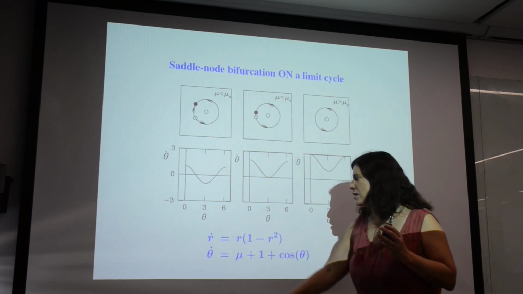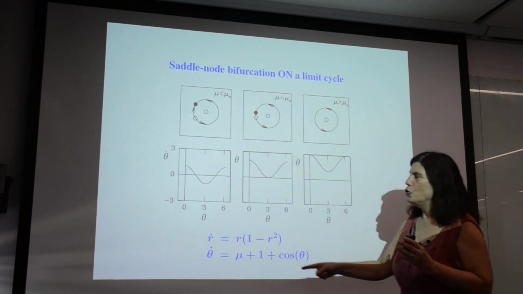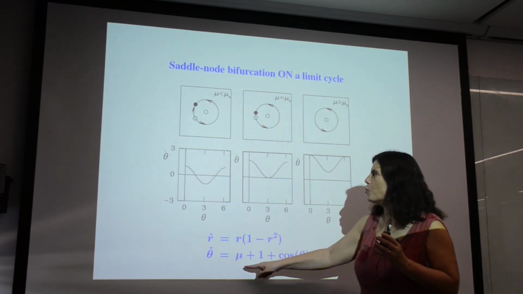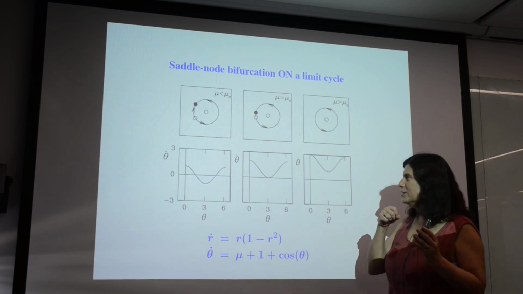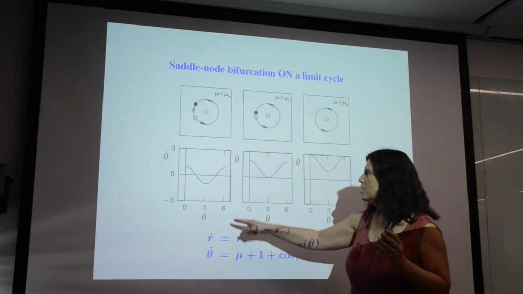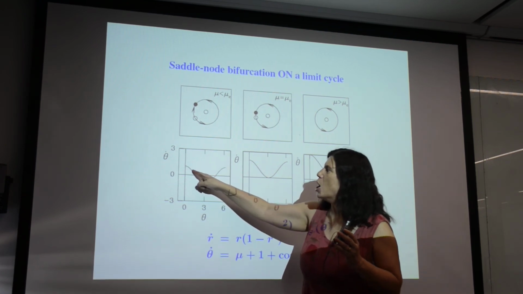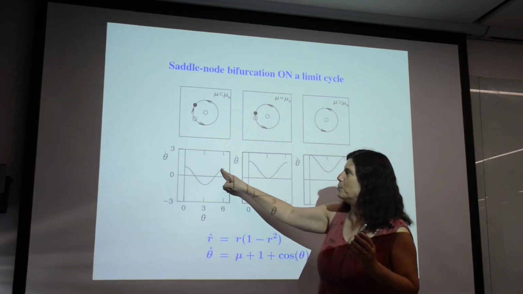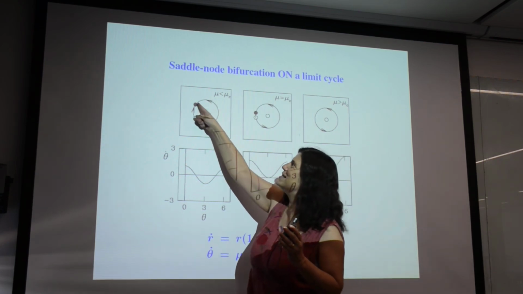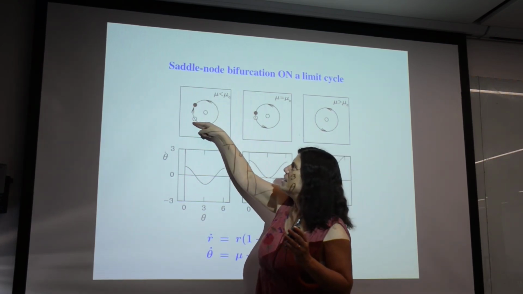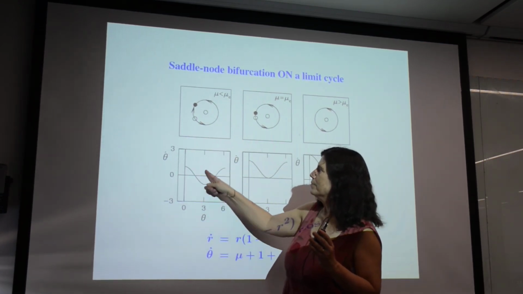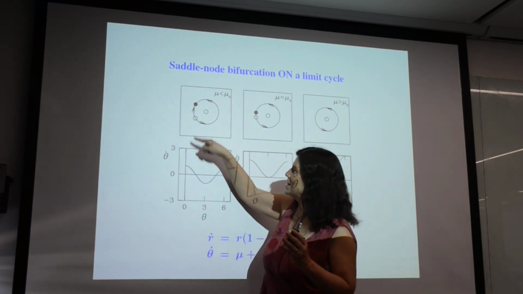And as for the theta equation here, for mu negative, you see that you have 2 fixed points, one stable and one unstable, and that's what's being shown here. One stable and unstable here near pi. Unstable and stable.